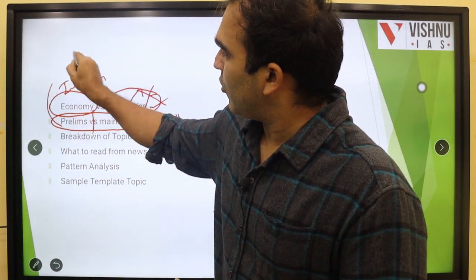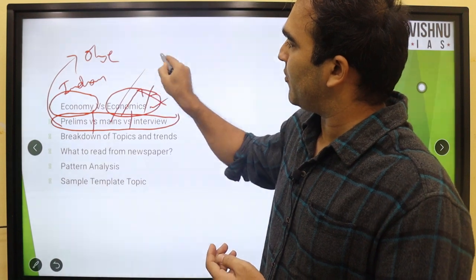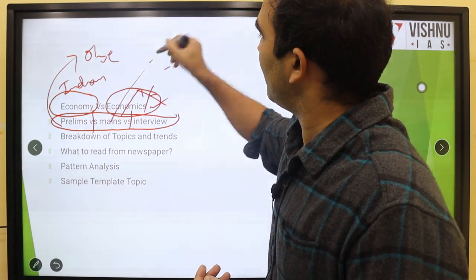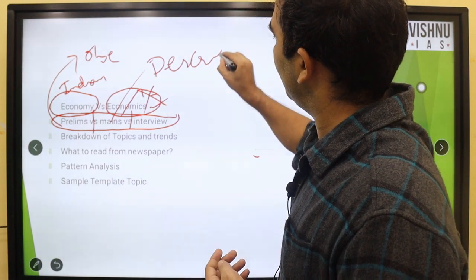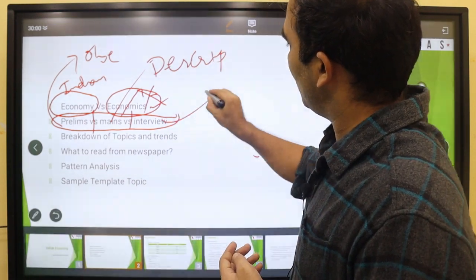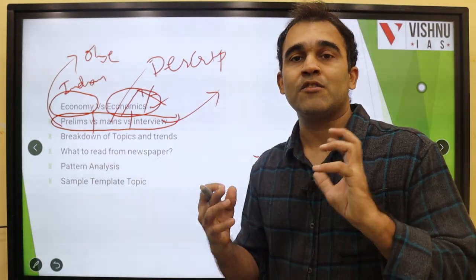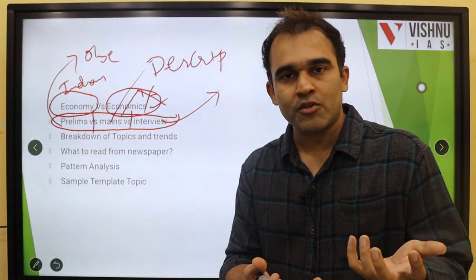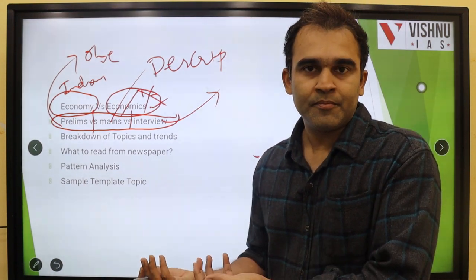Prelims, as all of you know, is an objective type. Mains is your descriptive type. And interview is all about your personality and your take on social issues. And of course, social issues will have economic issues as part of them.